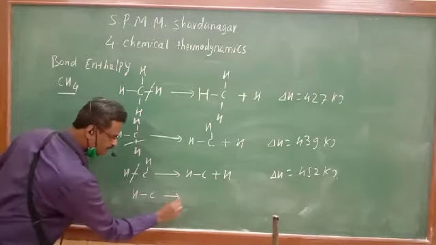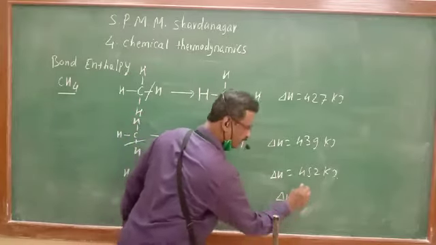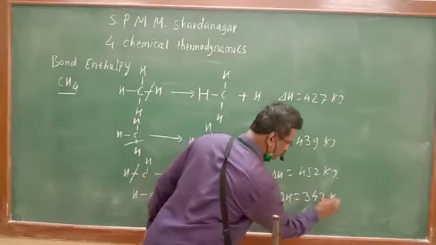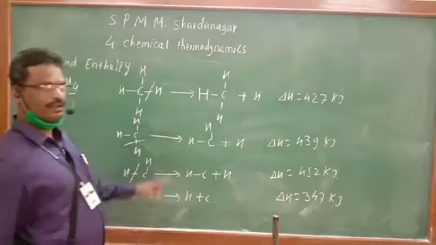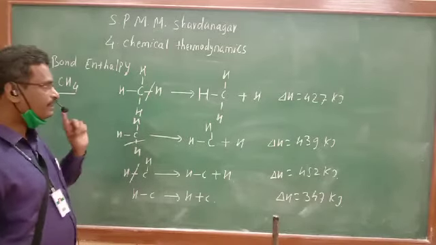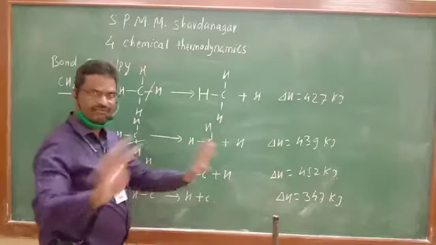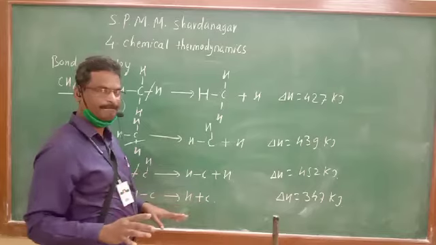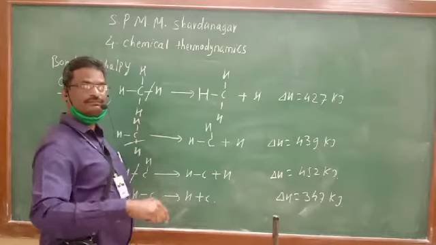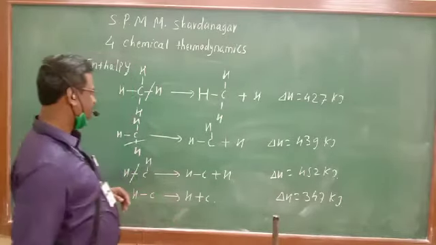HC is broken, giving H plus C, and the enthalpy change required is 347 kilojoule. We have broken 4 CH bonds. For each CH bond, the energy required to break it is different, and the bond enthalpy considered is different. So let us see how that is calculated.